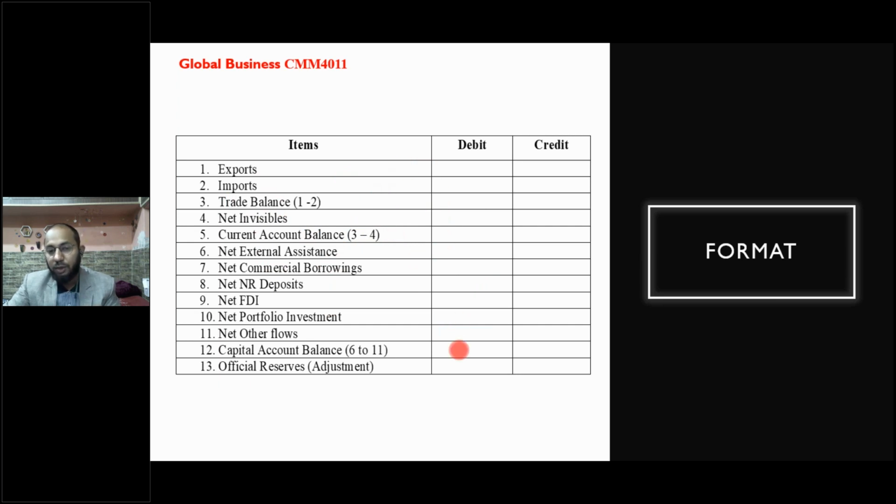That is the relationship between the current account and the capital account. If you have a very positive current account, then you can always go for more exposure in the capital account. If your current account balance is negative, which means you have a persistent current account deficit, then you need to be skeptical about taking more and more borrowings from the rest of the world under the capital account.